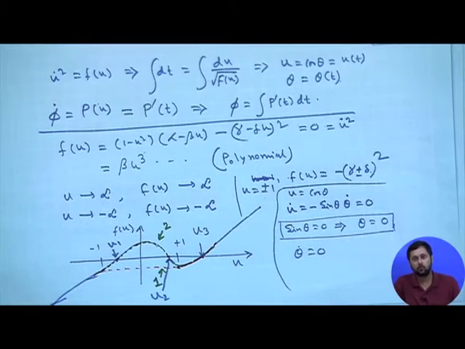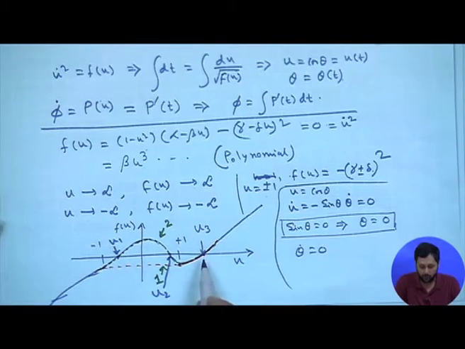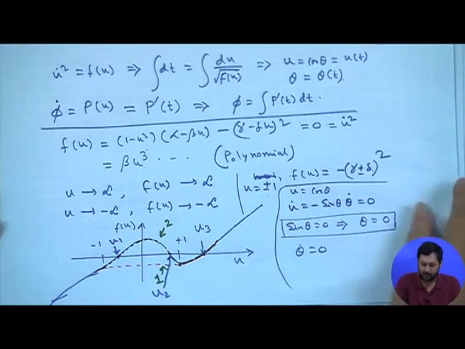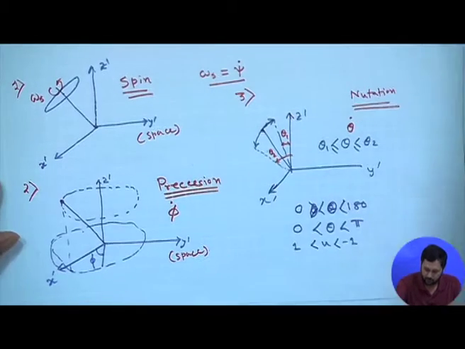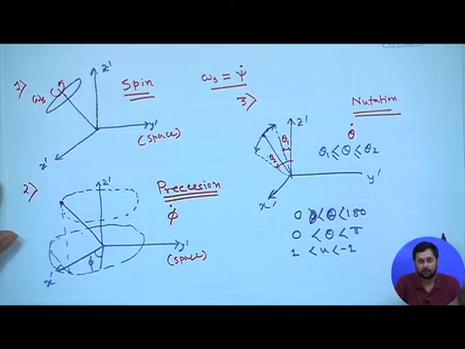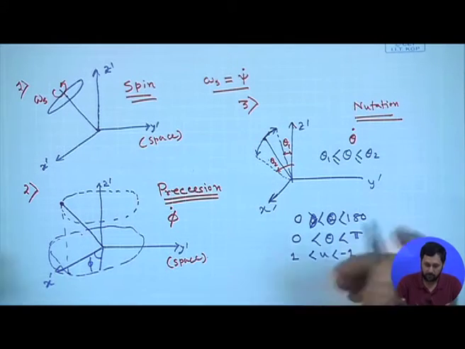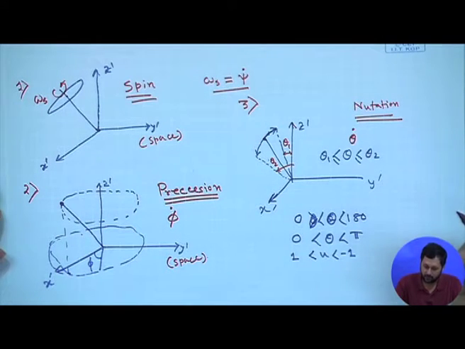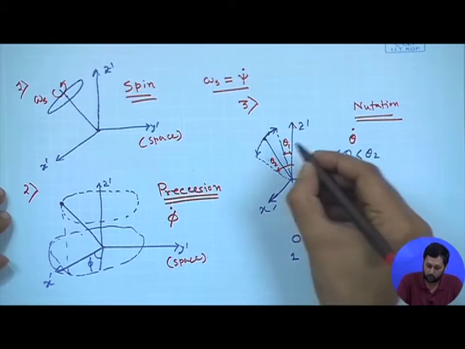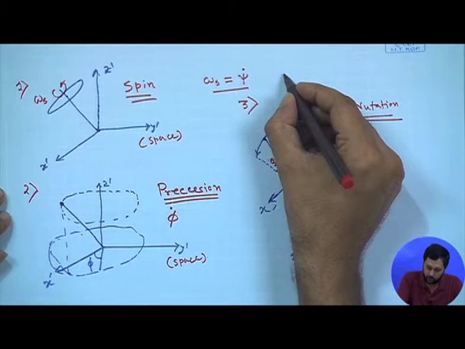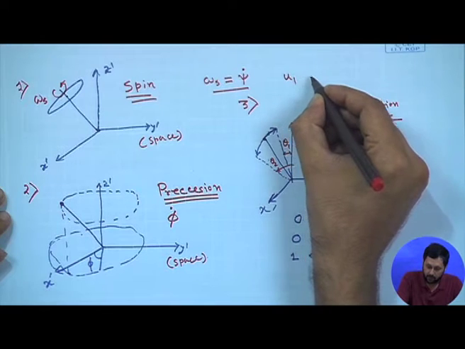So, we have 3 roots of u, out of which one is imaginary, 2 are real. So, u1 and u2 correspond to these 2 theta angles, theta 1 and theta 2. If we try to correlate these two discussions, for the physical motion of the top, it has to be between u1 and u2.